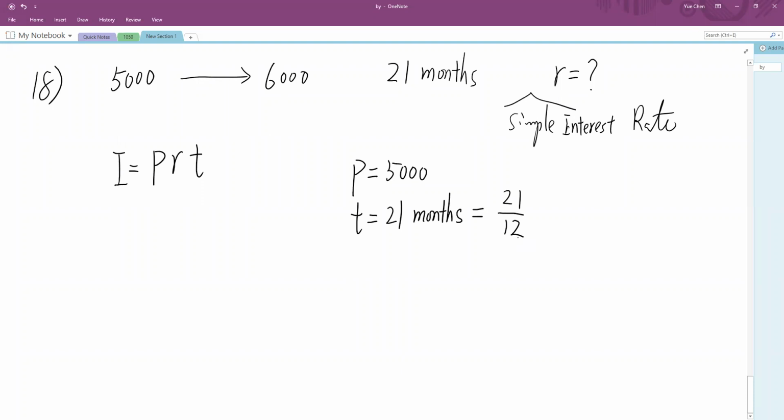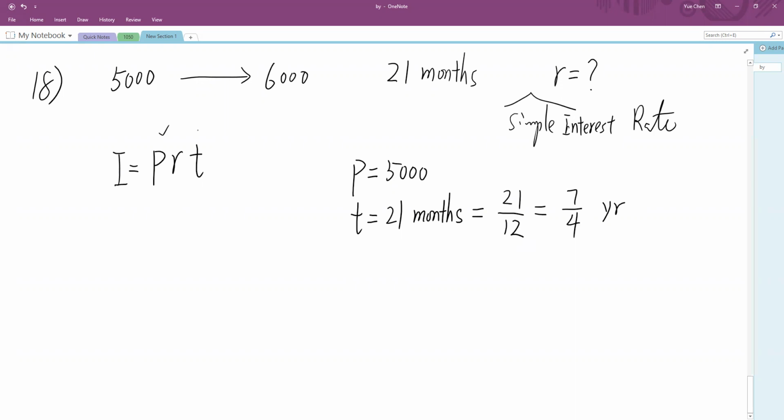Because 1 year has 12 months. So you can simplify a little bit. It would be what? 7/4. Or you can use the decimals, right? This is the years. Okay, so this is the T.